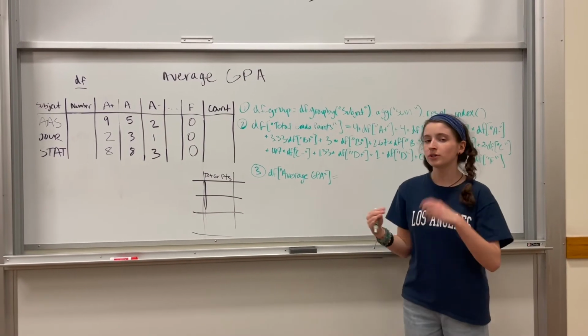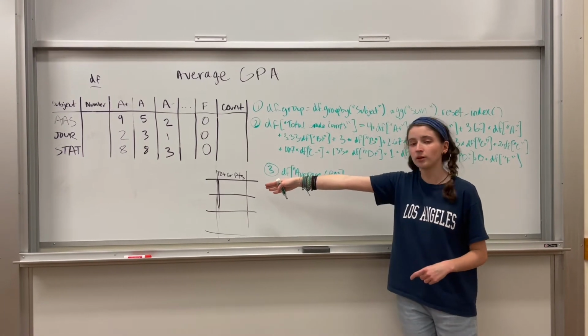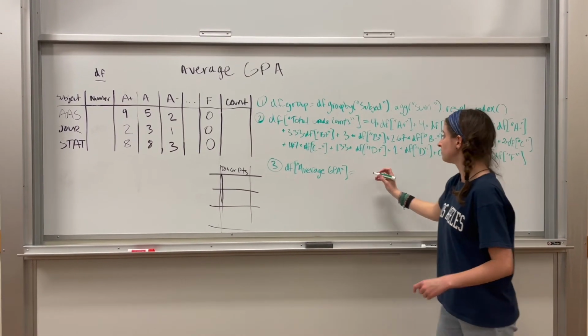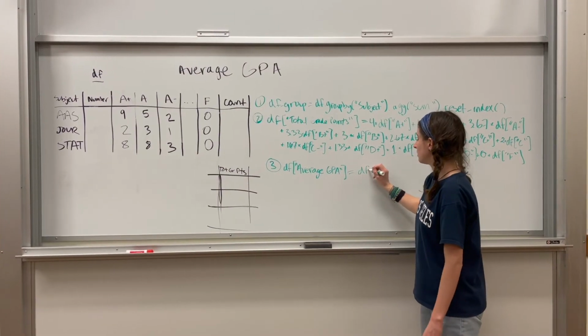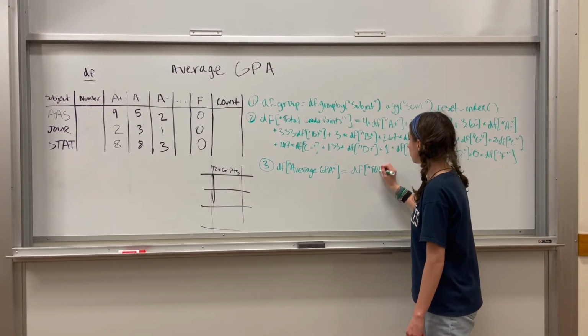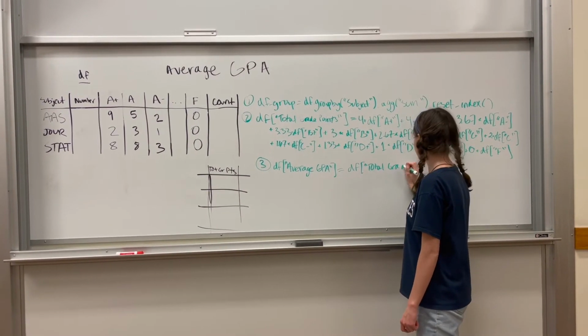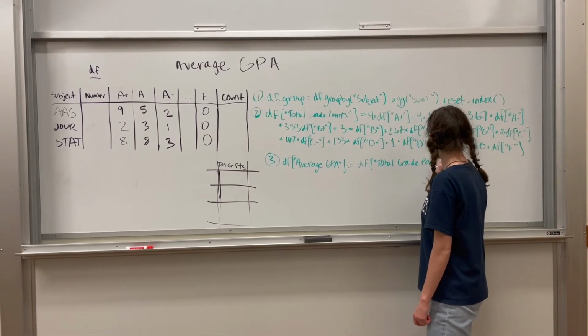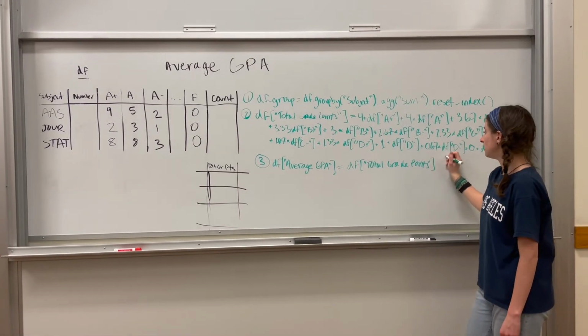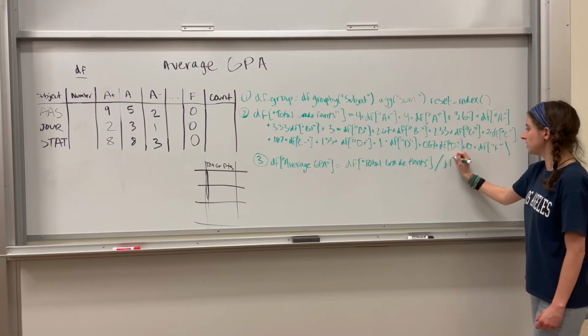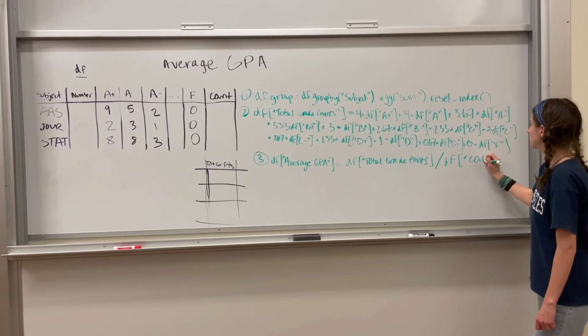Then you can do math on the column you just made, total grade points, and the count column. So all you have to do is df total grade points divided by df count.